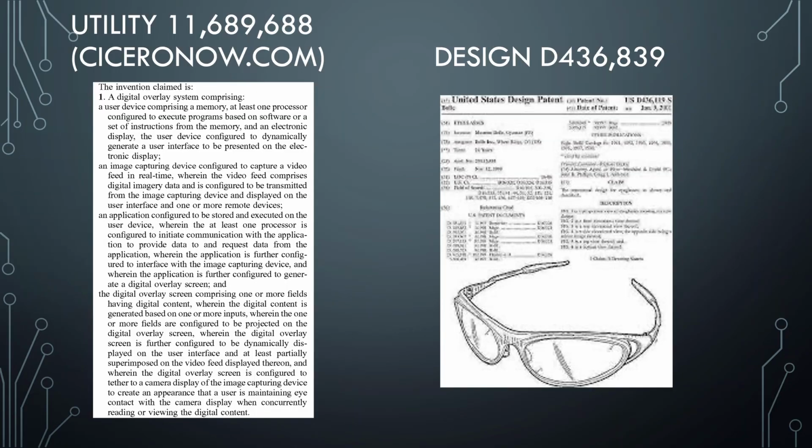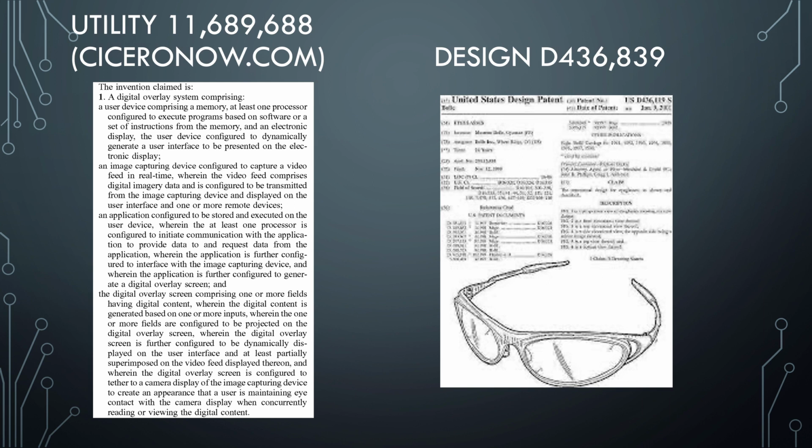And so you can see here on our next slide, we are looking at two different examples of these patents. One on the right is a design patent, and the one on the left is a utility patent. The utility patent is one that I pulled, one that I've actually got myself on an invention, ciceronow.com.